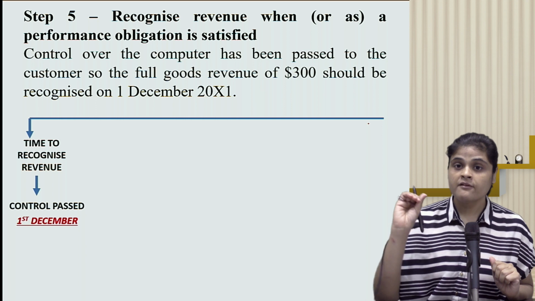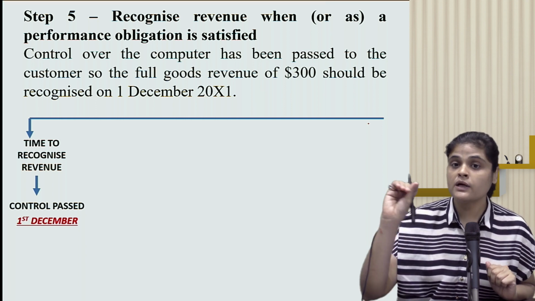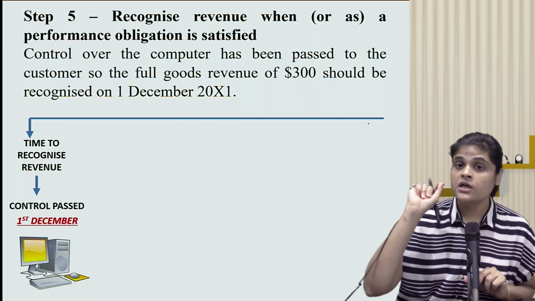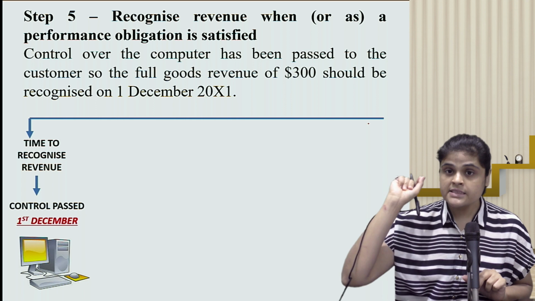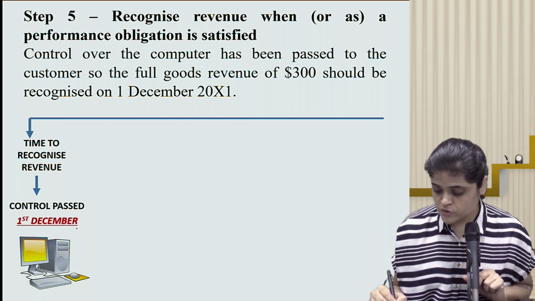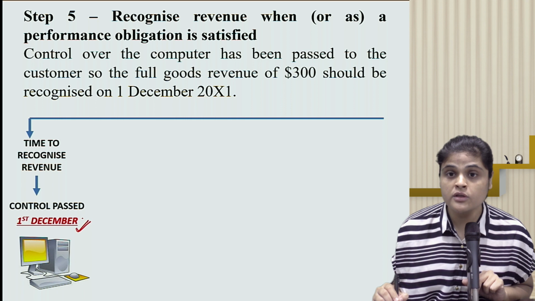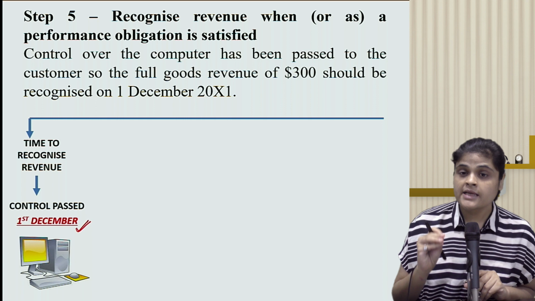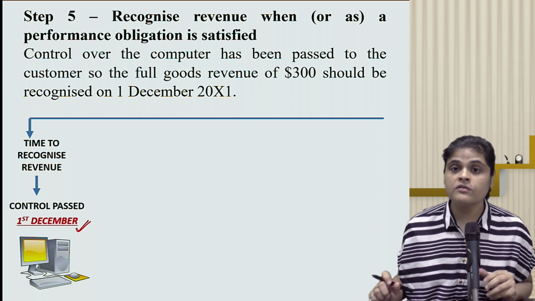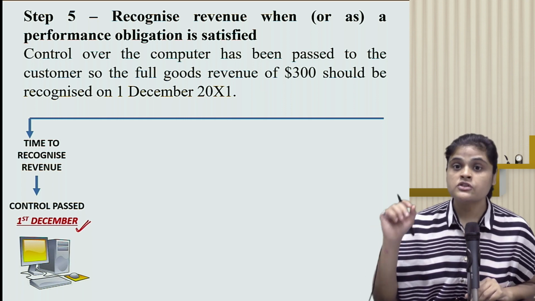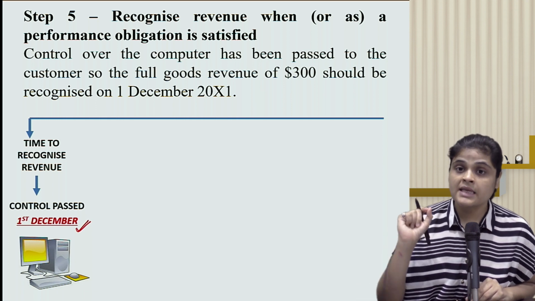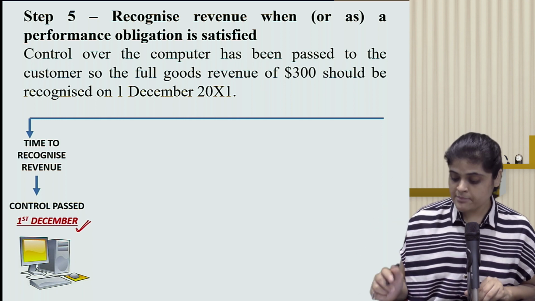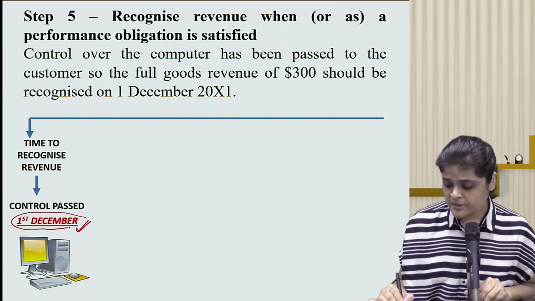In the first case, where the seller is transferring the computer to the buyer, it is clearly given in the case that the ownership is also being transferred on the same date, which is 1st of December. So here the seller is giving up the control over the goods on 1st of December. So the seller can record revenue of this computer on the very same day, which is 1st of December.